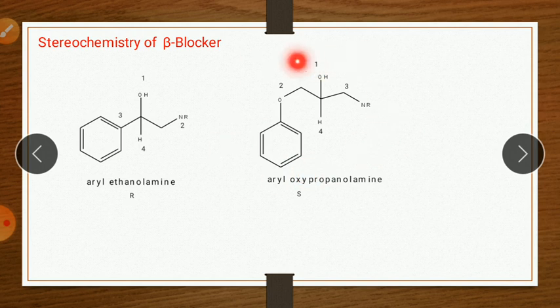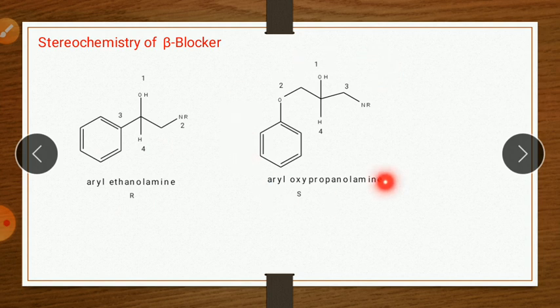But here we inserted the OCH2 group, therefore the CIP rule changes and it shows the S configuration. So this type of drug, aryl oxypropanolamine, when it binds to the beta receptor in S configuration, is more potent as compared to R. In short, an agonist drug, which is an aryl ethanolamine, when it shows R configuration, properly binds to its receptor and produces agonistic activity.